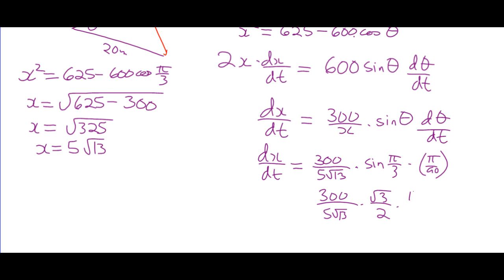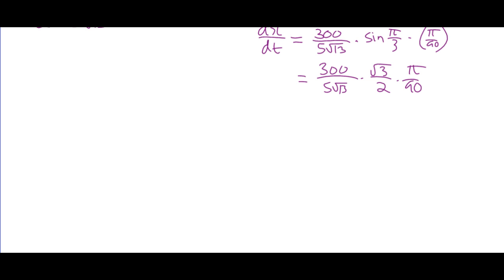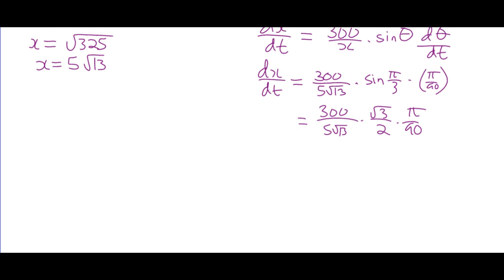That's root 3 over 2, right? Can't you divide the 300 by 5? I can divide the 300 by 10 and get 30, and divide the 30 by 90 and get a 3. And I can get rid of the radical sign on the bottom and get root 3 pi over 39.